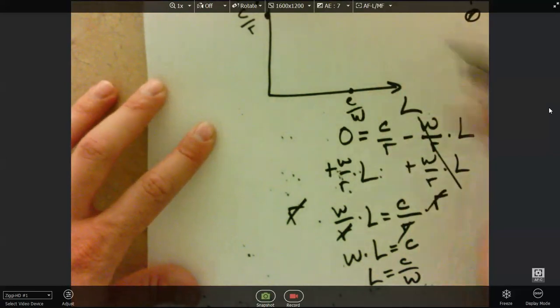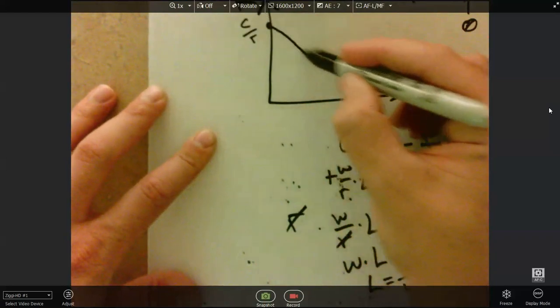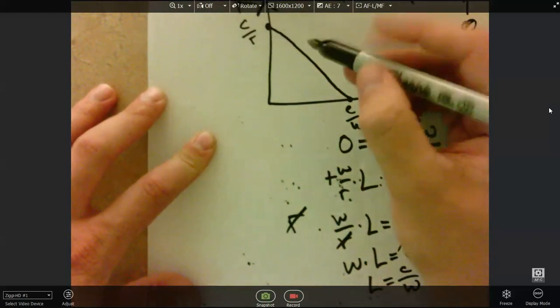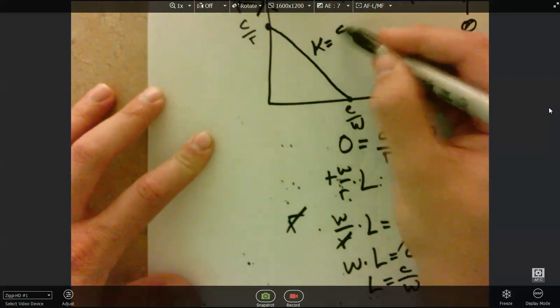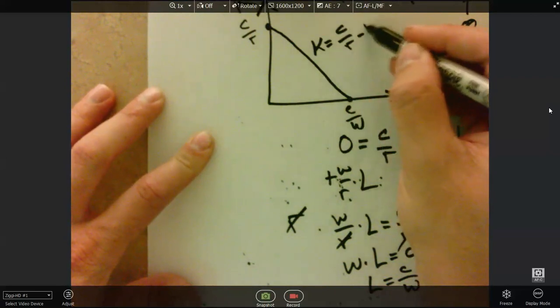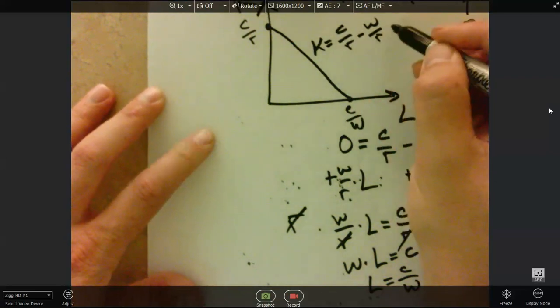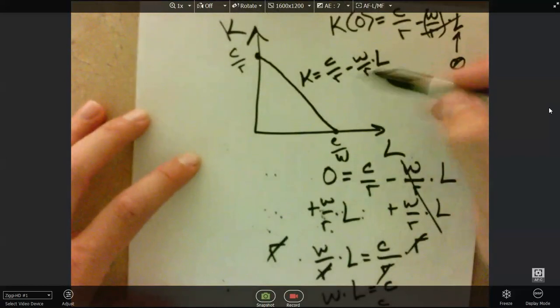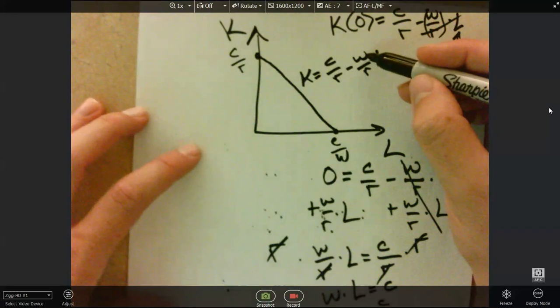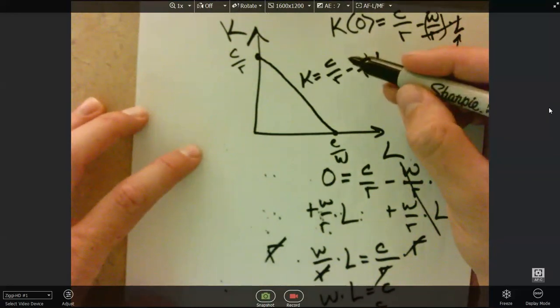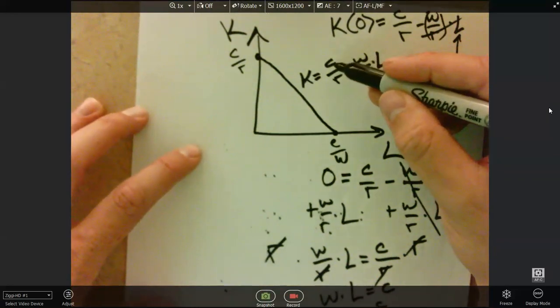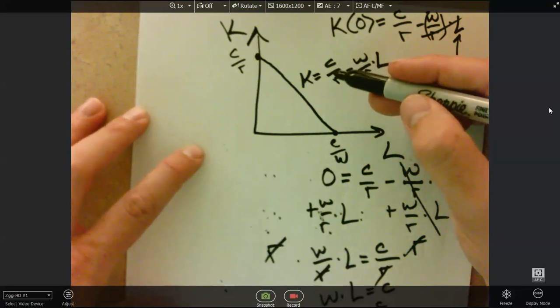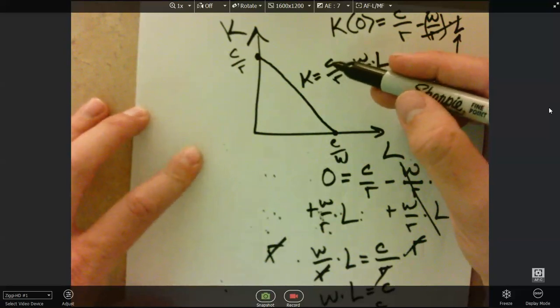And then because it's just a straight line, we just connect the dots, right? K equals C over R minus W over R times L. Even though it doesn't really look like a straight line, W is always a constant, R is always a constant, C is always a constant, right? By definition, it's an isocost. So C is for constant, C is for cookie.